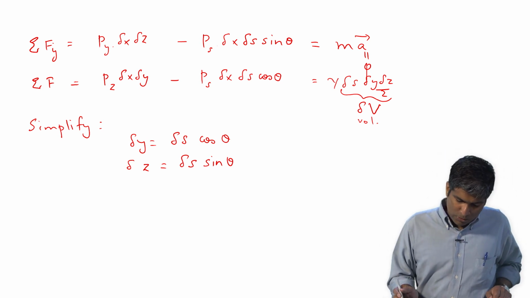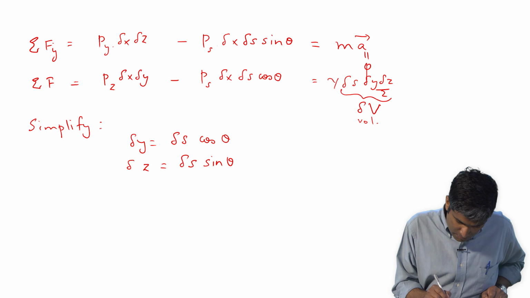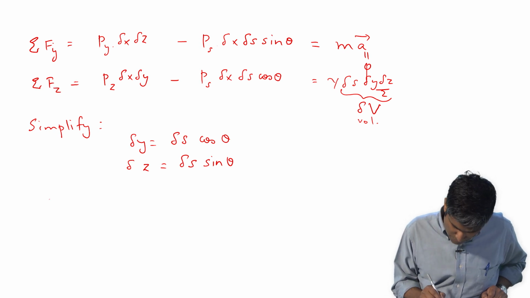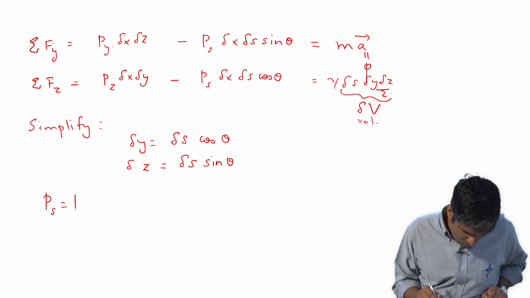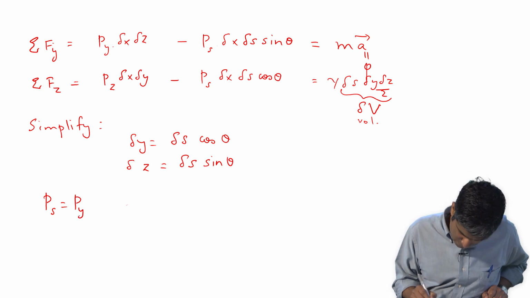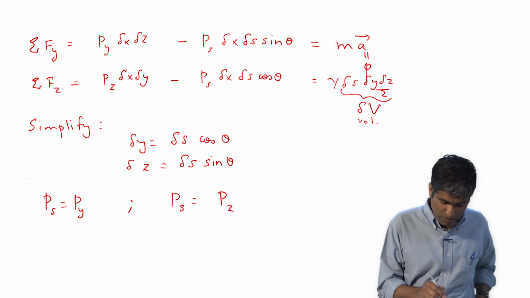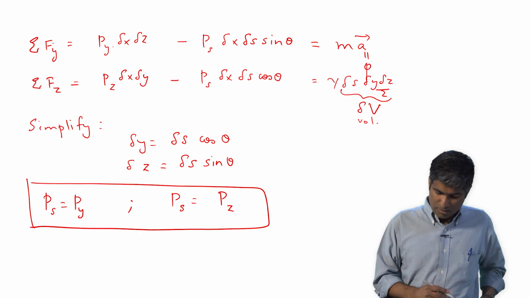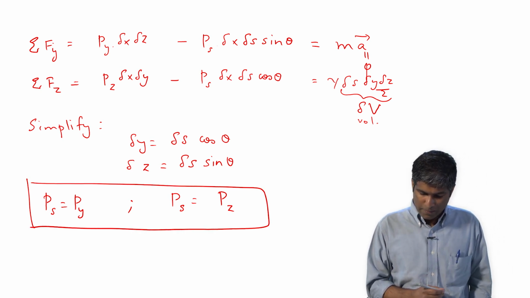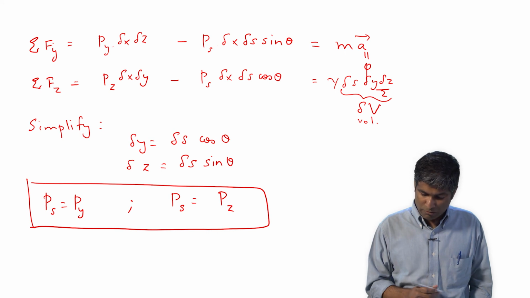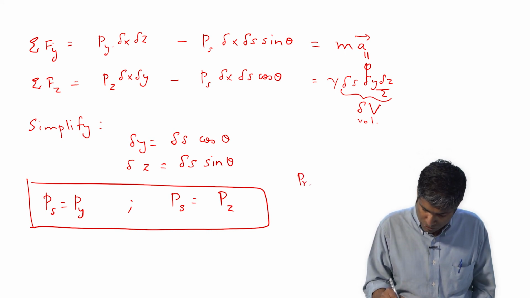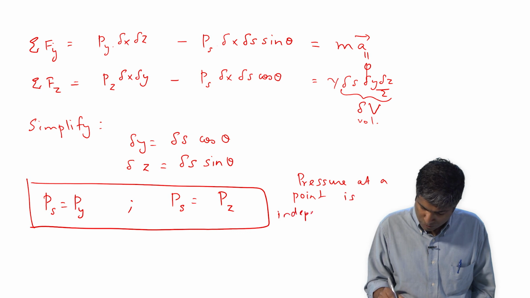So plug these back into your y and z momentum equations, and what you get is Ps equals Py, and Ps is also equal to Pz. So essentially we get a relation in which the angle dependence seems to have disappeared. So in other words, pressure at a point is independent of surface orientation.